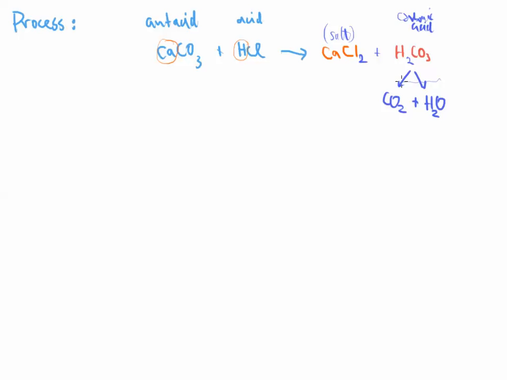So that's why I don't really include this in the balancing. It's already kind of taken care of if I go back to the original. I've got one hydrogen here, but I've got two hydrogen there. So I need to put a big 2 out in front. And then this gives me 2 chlorine by doing that. And over here on this side, I've got 2 chlorine from my calcium chloride. So by balancing the chemical equation, the only thing that I have to do is put a big 2 out in front of the acid, and I'm set.